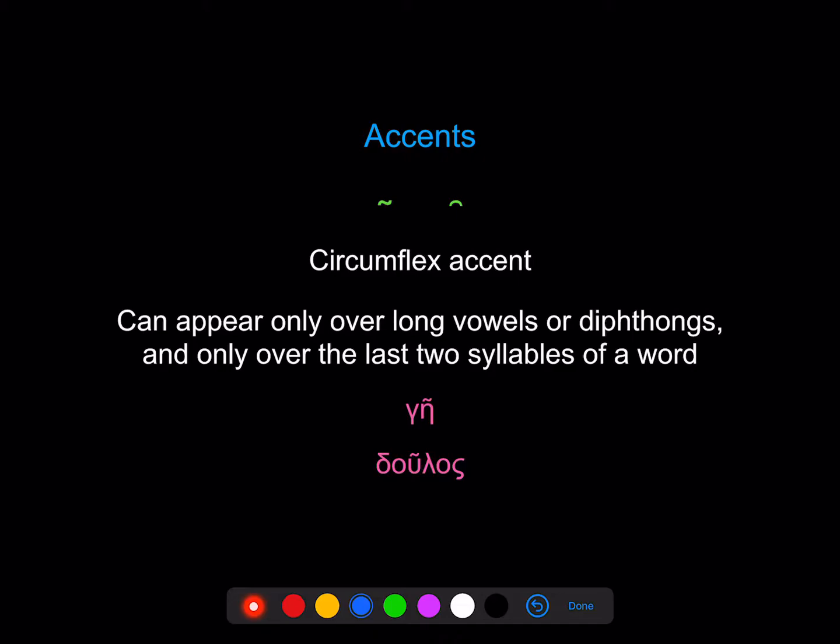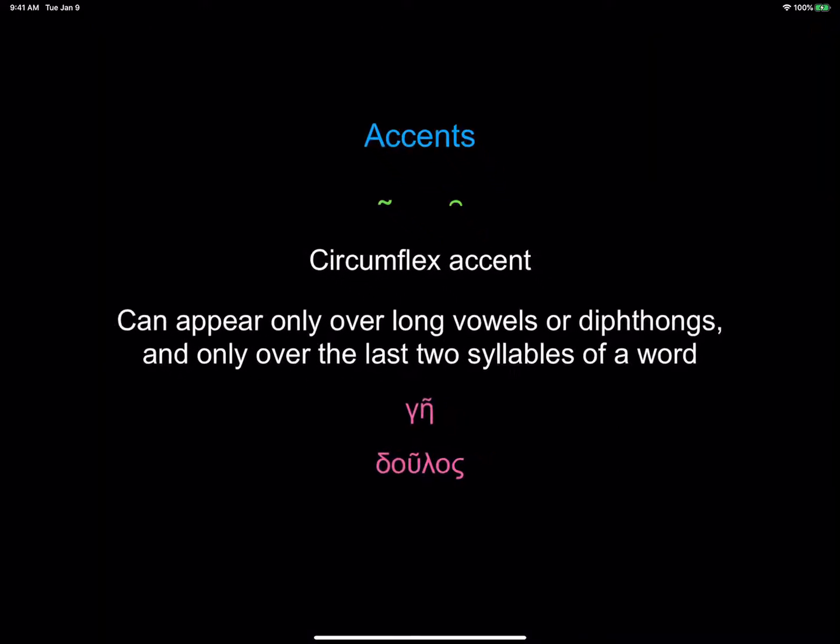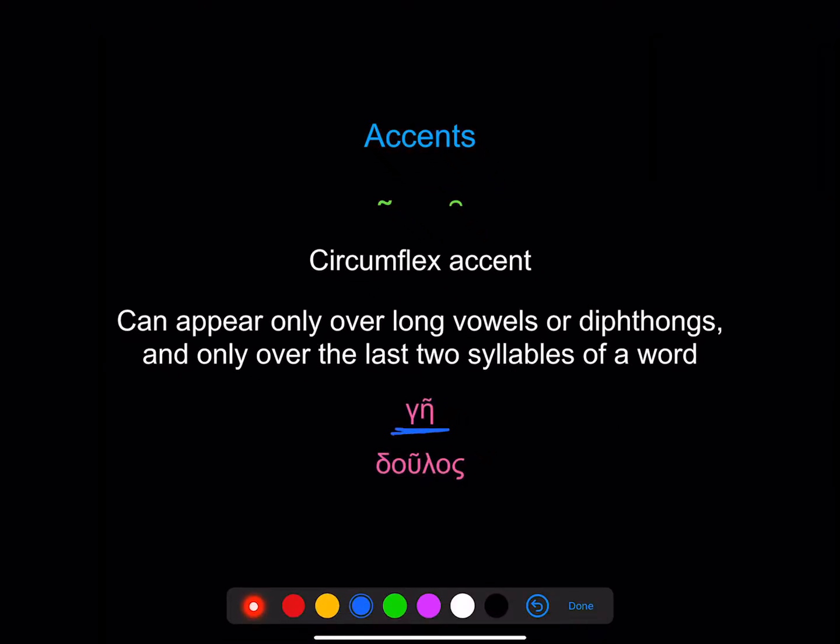Finally, the circumflex accent. Now it can appear, as I said before, only over long vowels or diphthongs because it involved a raising and a lowering of pitch over the same syllable. It can also appear only over the last two syllables of a word. So it can appear over the ultima, gay, which means earth, or over the penult, as here, doulos, but it can't appear over the third to last syllable.